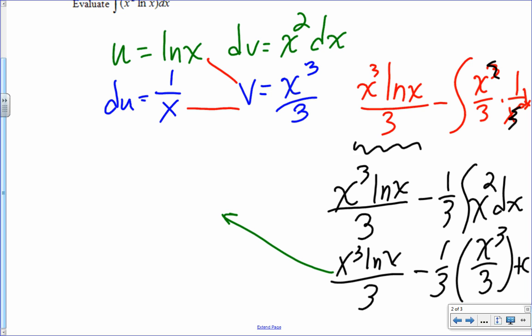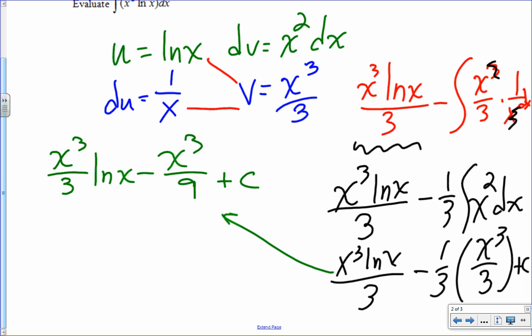And this is going to lead this way. So x to the third over 3 times the natural log of x. You can write it that way as well, just in case you see it written in answer keys that way, right? Minus x to the third over 9, right?